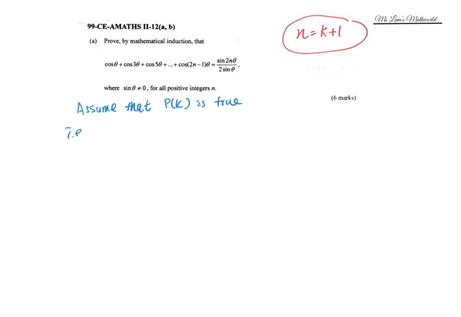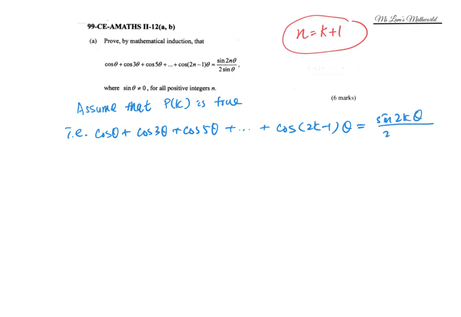That is, cosine theta plus cosine 3 theta plus cosine 5 theta plus dot dot dot plus cosine (2k minus 1) theta equals sine 2k theta divided by 2 sine theta. So we will consider the case of n is equal to k plus 1, right? That means P(k plus 1).